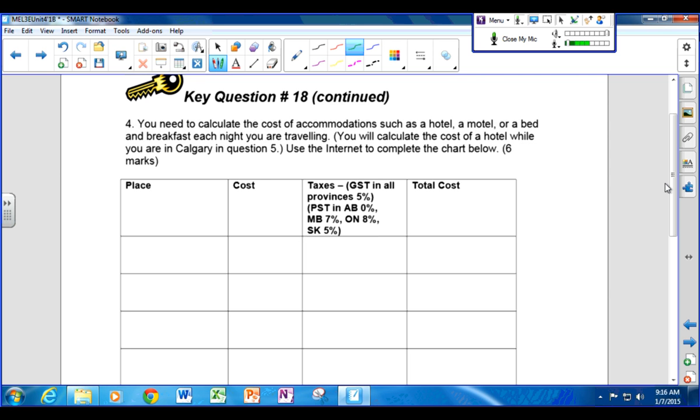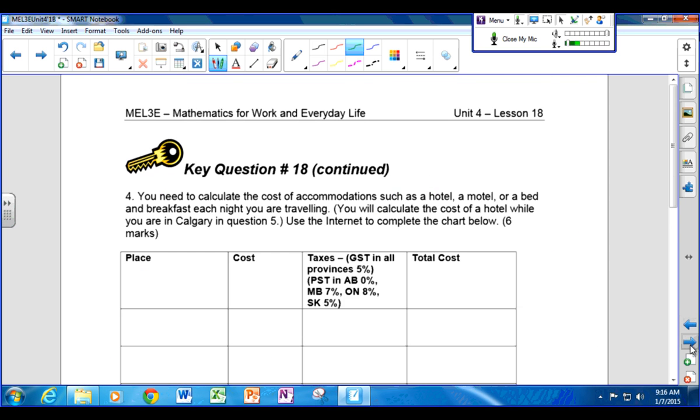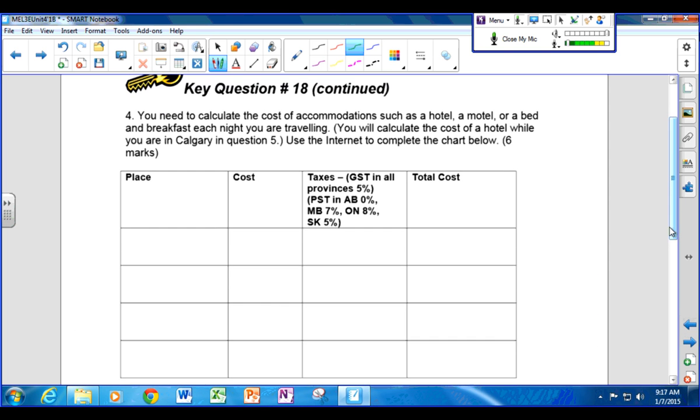So in this, let's see, did I skip over a bunch of stuff? No, okay. So the next part of this question is the cost of accommodations, such as a hotel, a motel, or a bed and breakfast. The best source of information about something like that, if it's available, is someone who's been there before, right? If you ask someone, where did you stay on your trip out to Calgary?